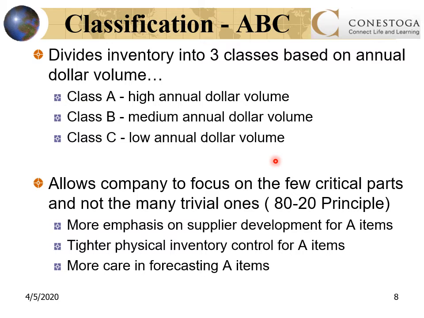So let me explain what is normally done. Let's say that you are spending $1 million each year on your inventory. So let's say that your total inventory is 1 million.